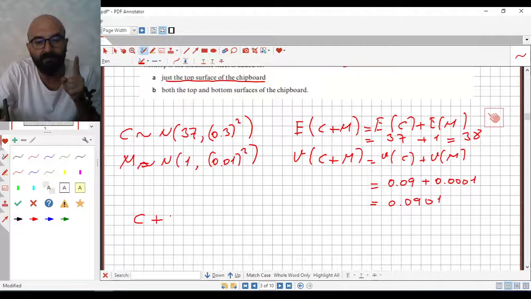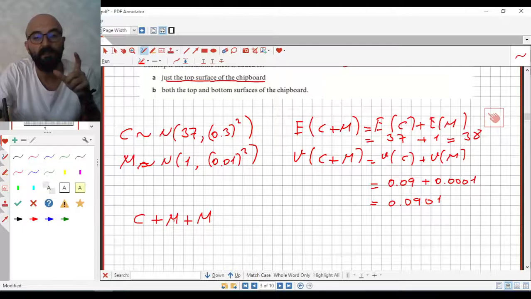For the bottom melamine plus the top melamine, the variance would be different.